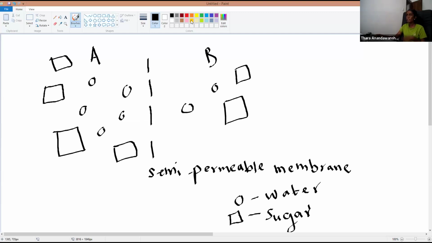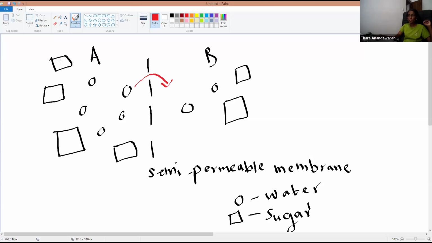From higher concentration to lower concentration, this is a form of diffusion as well. The movement of water molecules across the semi-permeable membrane, we call osmosis. So these water molecules can go from A to B, but the semi-permeable membrane is not allowing everything to go to the other side.